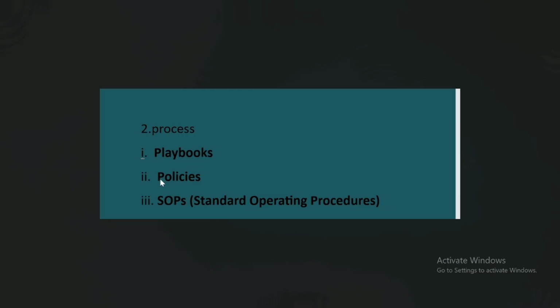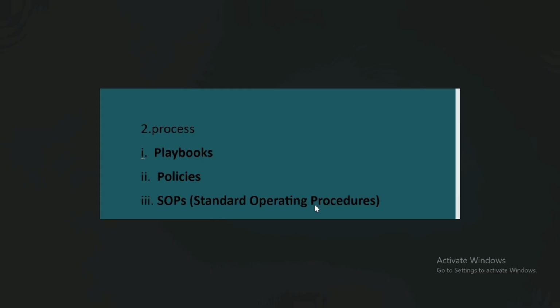Now, the policy is a high-level rule that defines what is allowed, required, or prohibited within the organization. And now the SOPs, which is the standard operating procedures, are step-by-step instructions, all right, for performing routine tasks in a consistent and repeatable way.